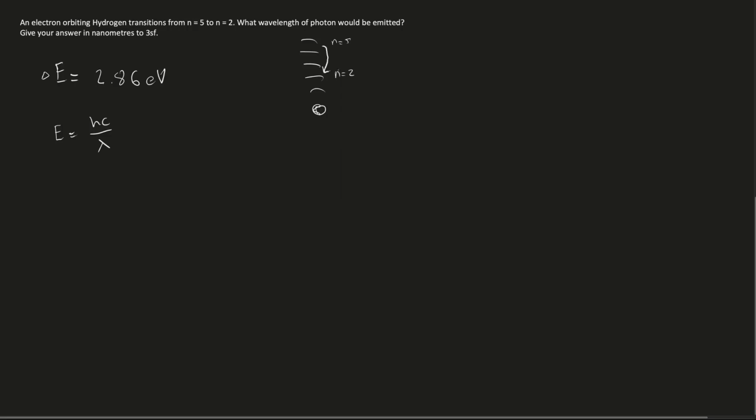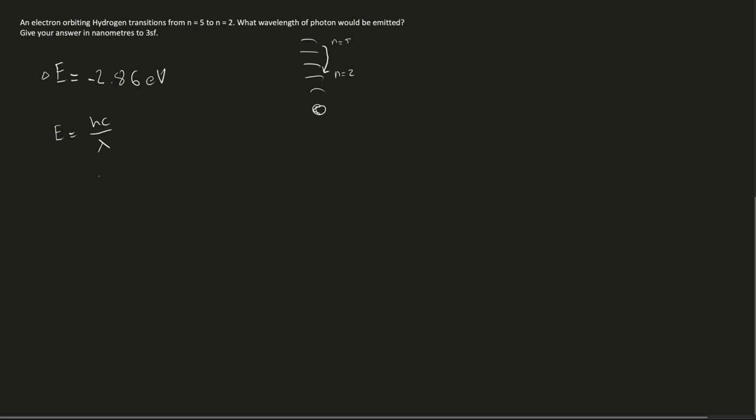So the electron is losing energy, and conservation of energy says that energy has to go somewhere. Sorry, I should have a minus here. It's decreased in energy. It's gone down 2.86 electron volts. Because the electron has lost energy, it will emit a photon with that amount of energy.